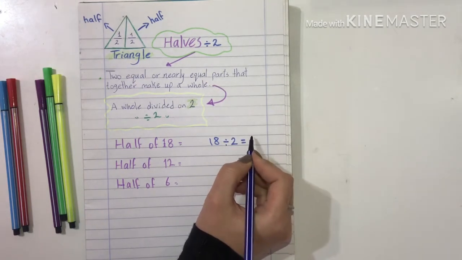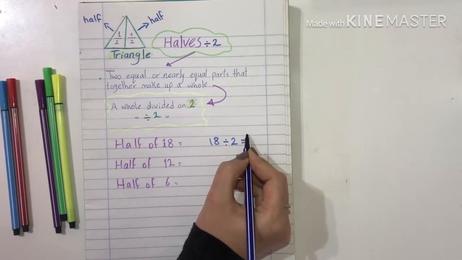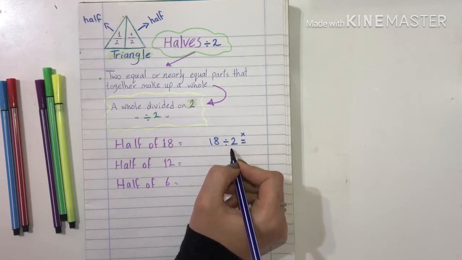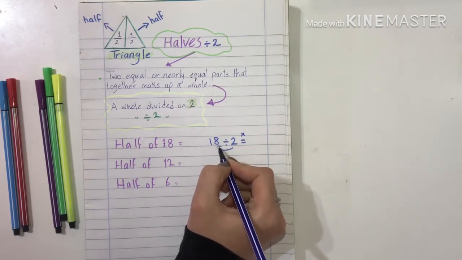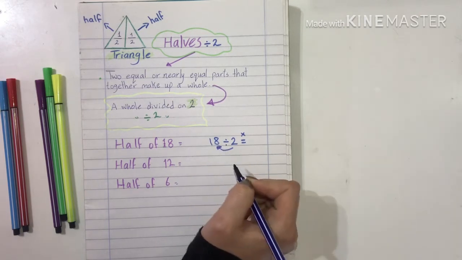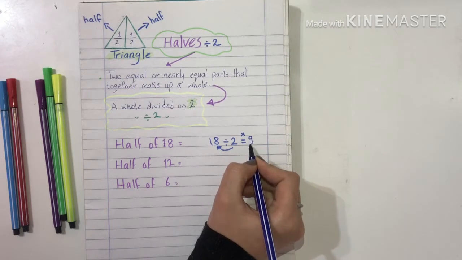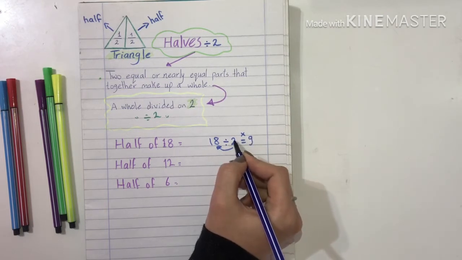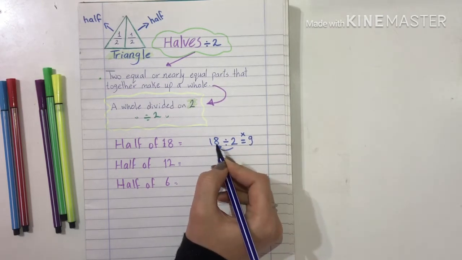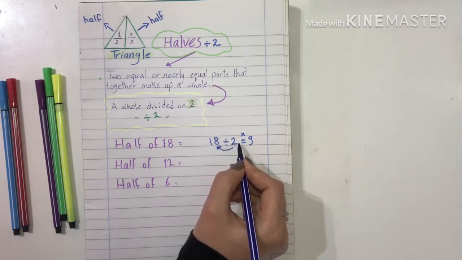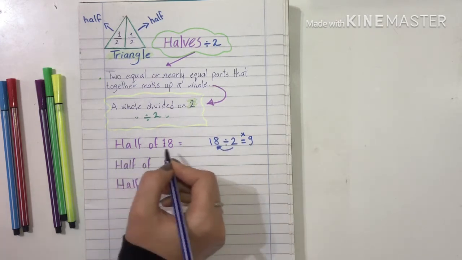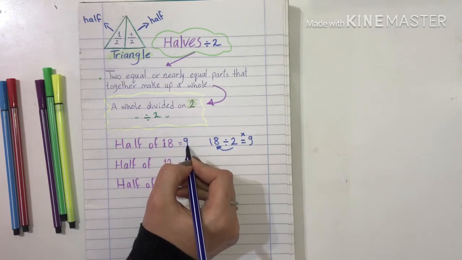As I explained in the previous lesson, we will look for the number we multiply by 2 that gives 18 as an answer. What is the answer? 9. Because 9 times 2 equals 18. So 18 divided by 2 is 9. So half of 18 is 9.